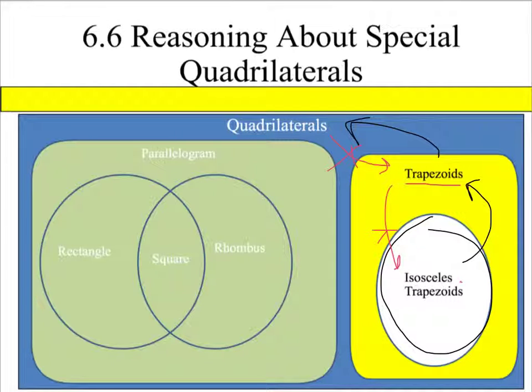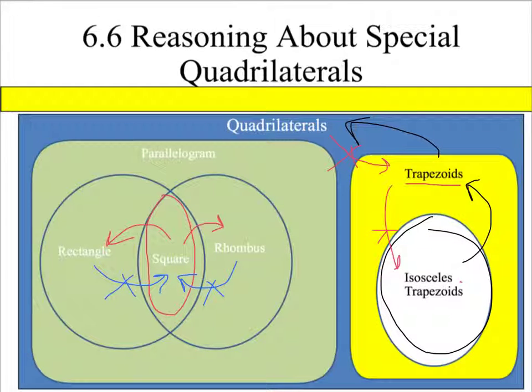Going to the other side, inside that Venn diagram, all squares are both rhombuses and rectangles. Again, you cannot go back, so I cannot say that all rectangles are squares, or that all rhombuses are squares.